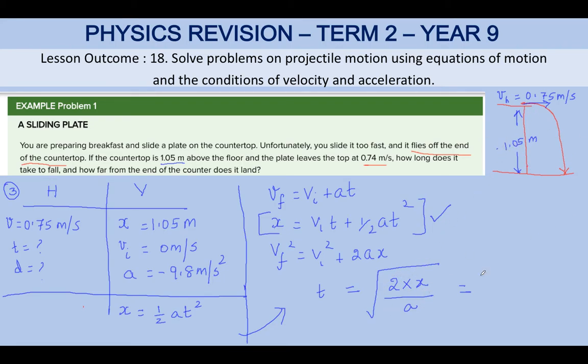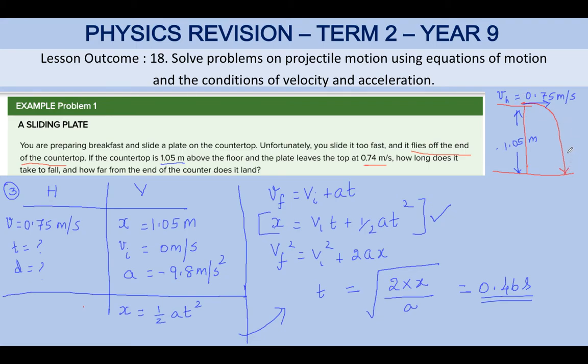You put in all the values: 2 times the height, 1.05, divided by 9.8, and the square root of the answer, you should be getting 0.46 seconds. So 0.46 seconds it takes for it to land on the ground.